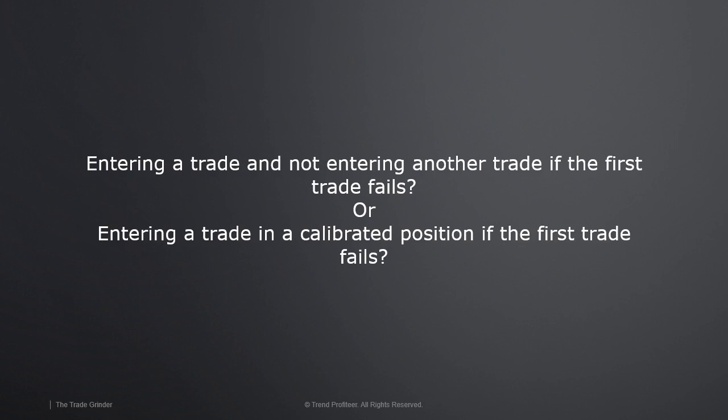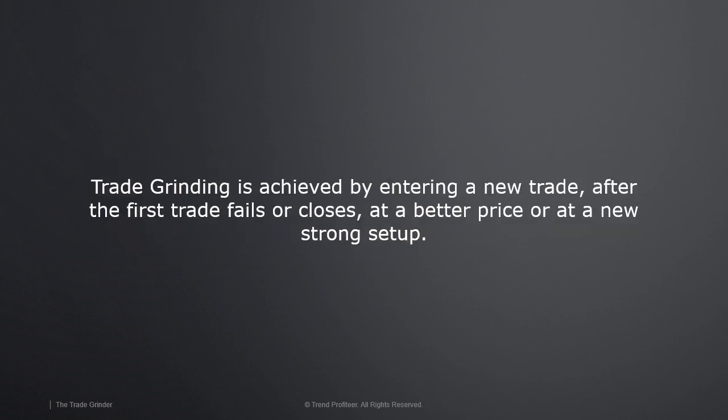Entering a trade and then not entering another trade if the first trade fails, or entering a trade in a calibrated position if the first trade fails. Trade grinding is achieved by entering a new trade after the first trade fails or closes at a better price or at a new strong setup. In other words, if at first you don't succeed, try and try again.